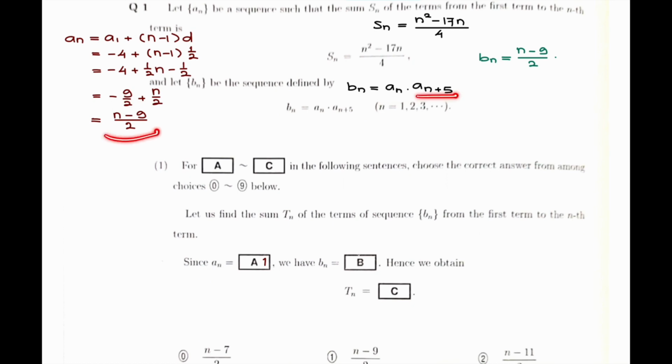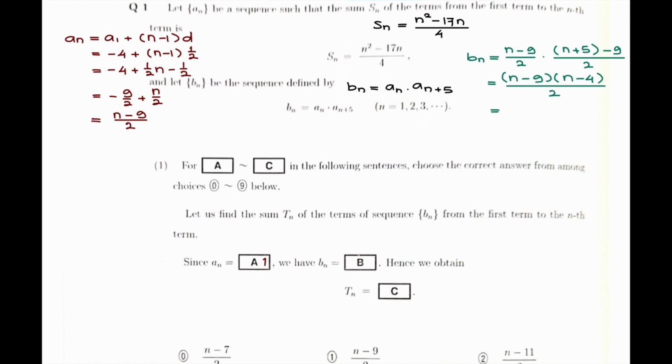Since AN is N minus 9 over 2, if I want to find AN plus 5, I can change this N into N plus 5. Then I will obtain N plus 5 minus 9 over 2. By simplifying this expression, I will obtain N minus 9 times N minus 4 over 2.